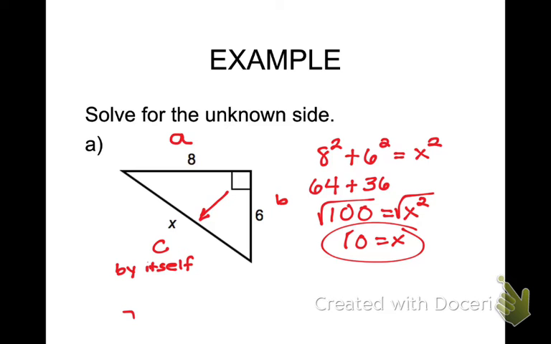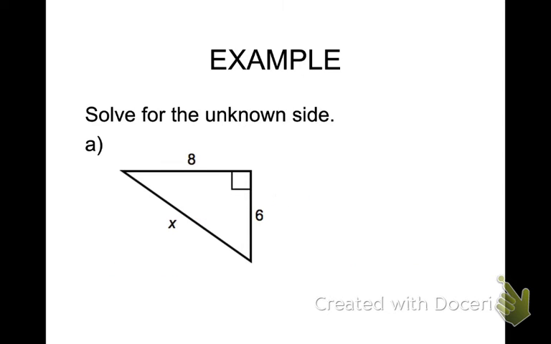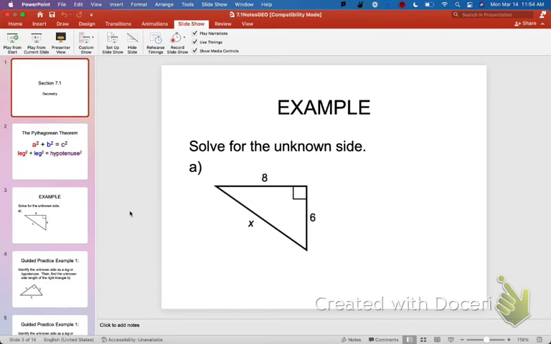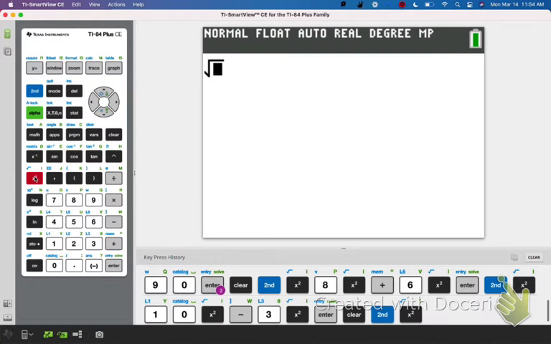If you have a TI-30 where you can see the whole string of numbers, which I have, my calculator on the board is going to be a TI-84, but you'll get the idea. If I wanted to do this all in one shot, I could do the square root of 8 squared plus 6 squared, then hit enter, and it gets me the 10.